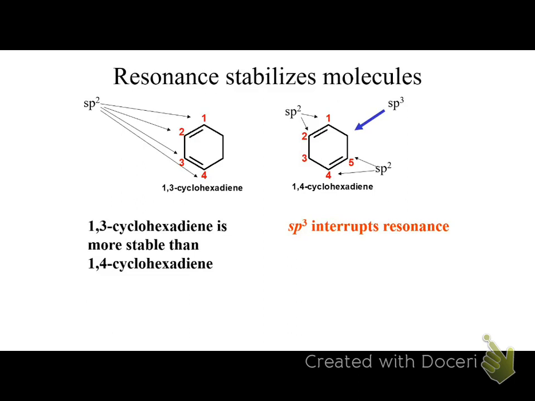The isolation between the carbons means that the 1,4 is less stable than the 1,3 because 1,3 has resonance. So you can look at double bonds and find that these double bonds are more stable than these double bonds.